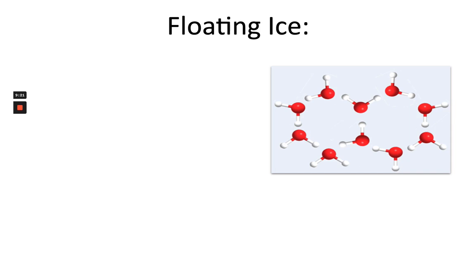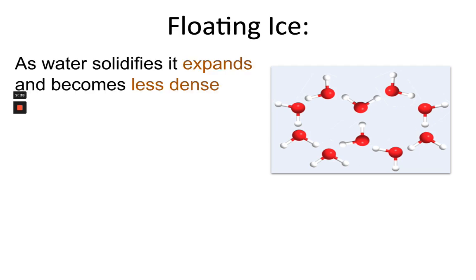The next property that we need to talk about is the fact that ice floats. Again, it's very unique that water's liquid form is actually more dense than its solid form. Normally it should go the other way. As water solidifies, it expands and becomes less dense. Again, this is due to hydrogen bonding.